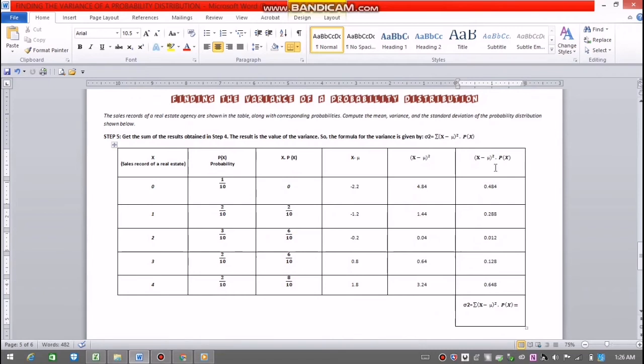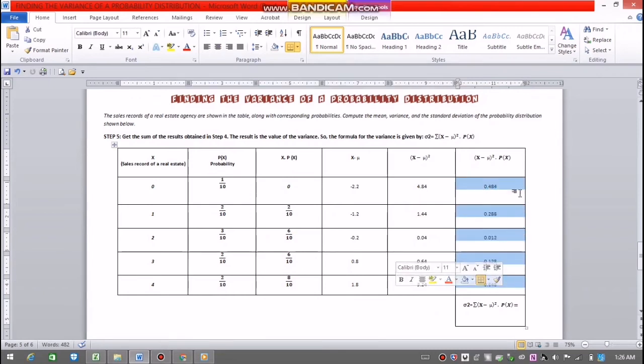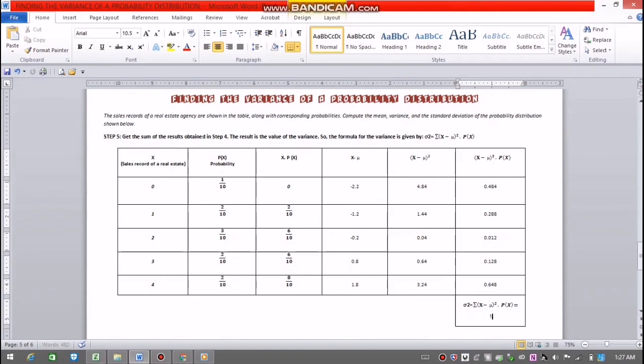First, we need to add all the results here. 0.484 plus 0.288 plus 0.012 plus 0.128 plus 0.648 is equivalent to 1.56.